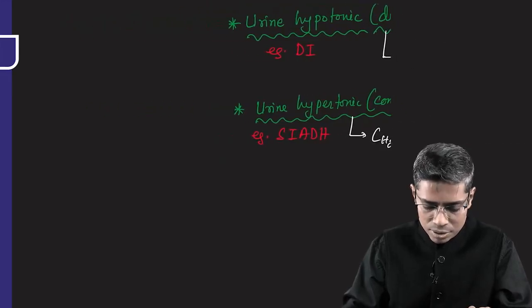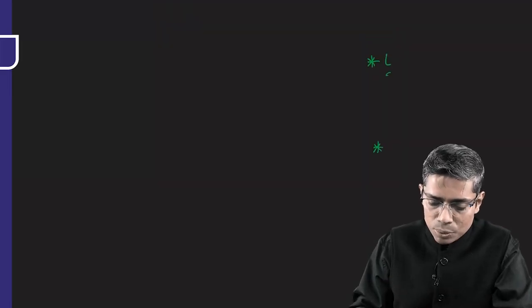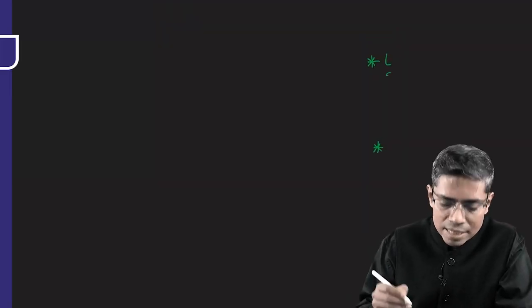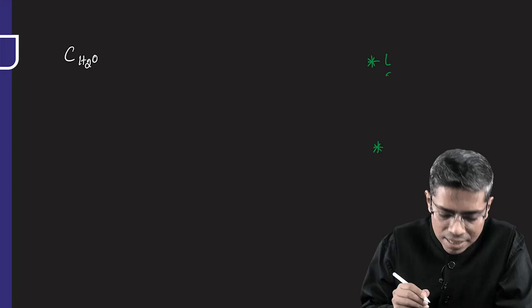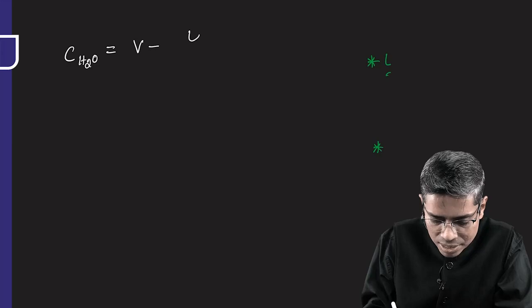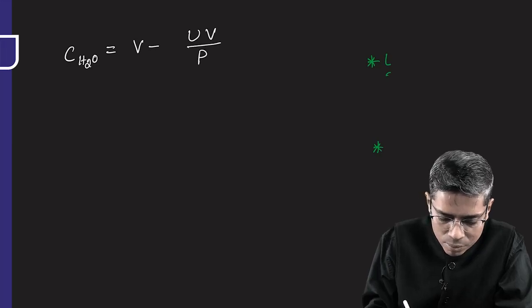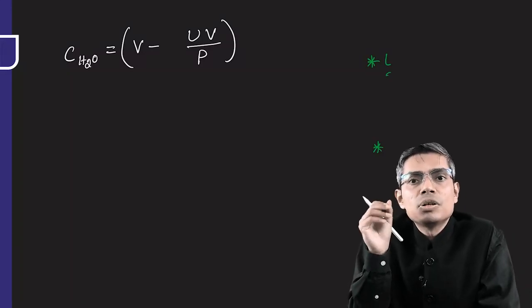But if you look at books, some of them give you this free water clearance concept with the help of an equation. So we will also write down that equation. The free water clearance equation is written like this: CH2O is equal to V minus UV upon P. What is V? I told you earlier in the concept of clearance, V is equal to urine flow.